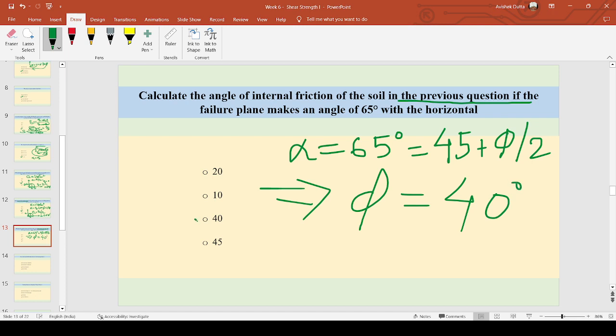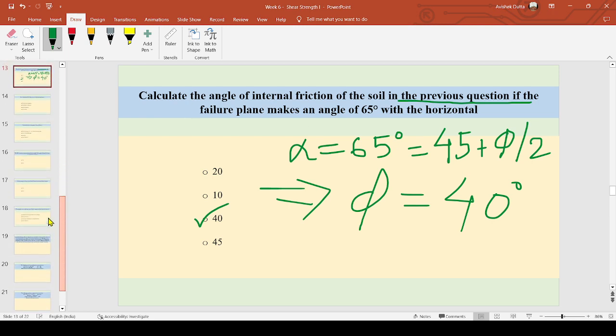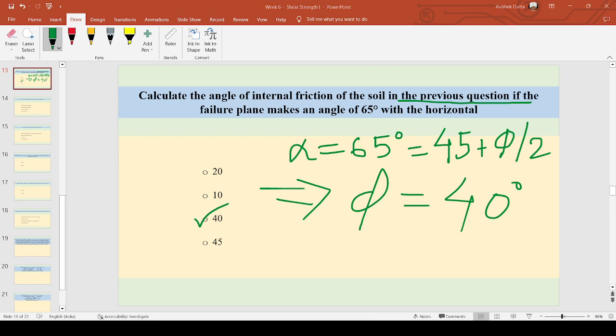The angle is 40 degrees. So the angle of internal friction is 40 degrees when the failure plane makes an angle of 65 degrees with the horizontal. I hope it is clear. I will go to the next question.